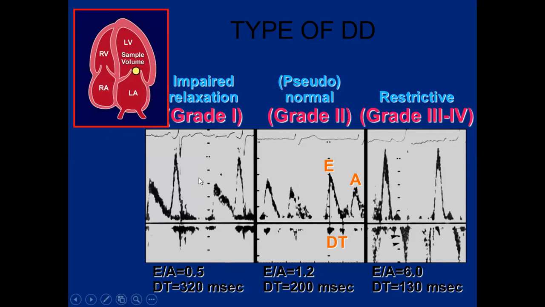So grade 1 is small E, tall A. Grade 2 is large E, small A; with Valsalva, it reverts to this kind of pattern. And grade 3 is tall E, small A, ratio more than 2, and does not show any change in response to Valsalva maneuvers. Here the LA pressures are almost 8 to 10.